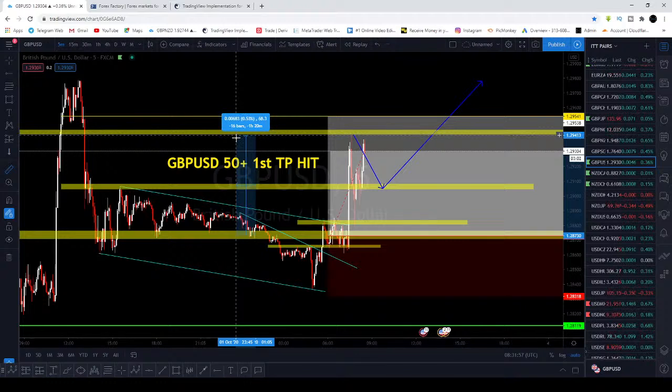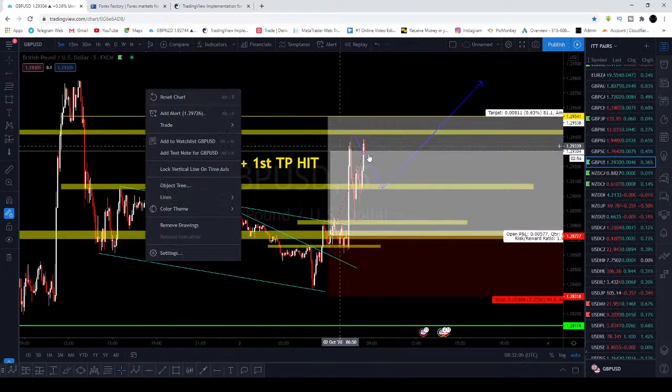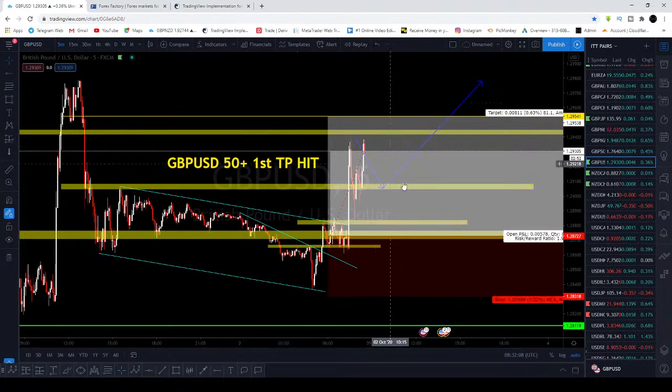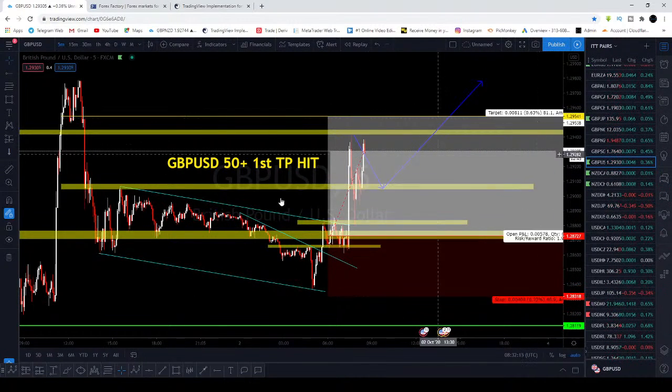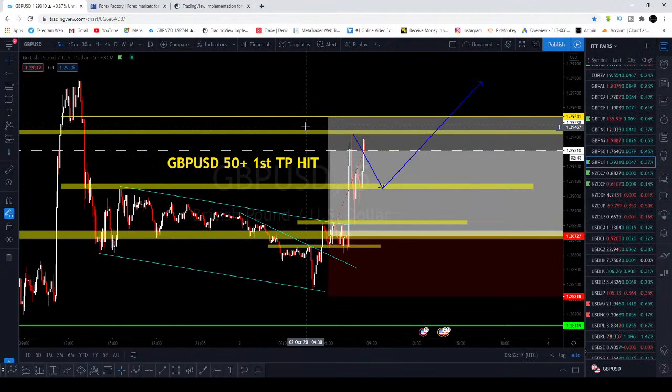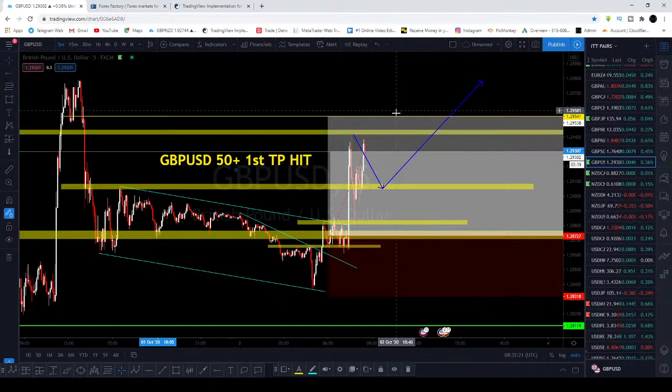Okay, this is about 68 pips. It would have been 70 pips, right? But I usually go for a 1 to 2 risk to reward ratio. That's why we go for 81 pips, since we are risking 41 pips right here. And of course we took 50 pips right now, so we are still waiting for it to continue going up, right?